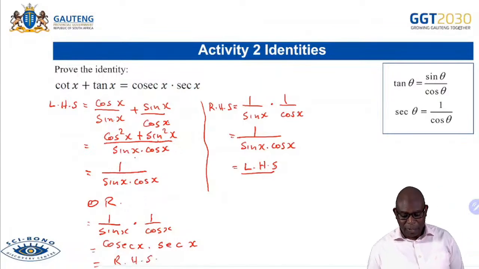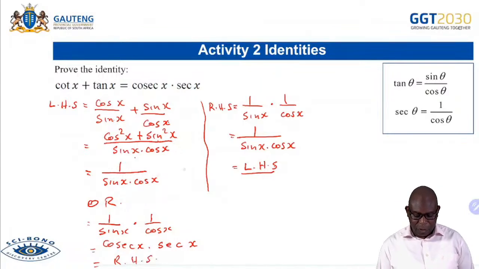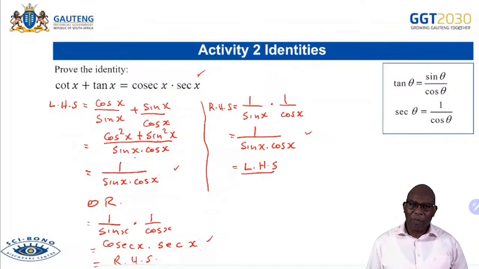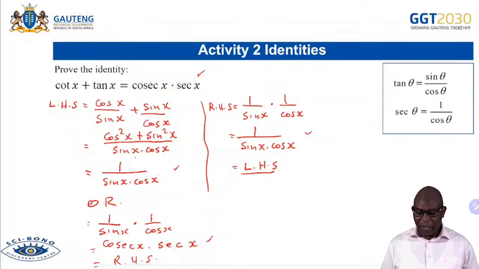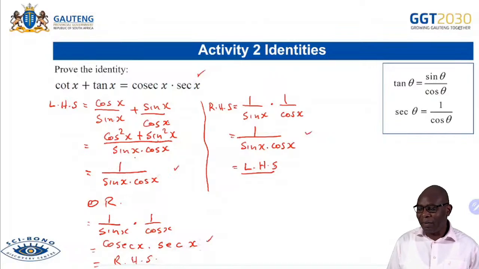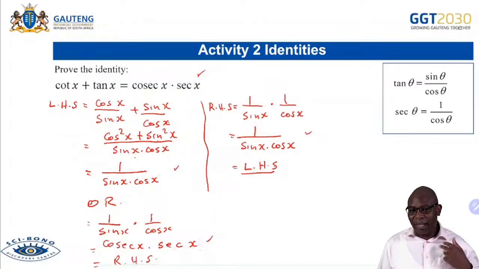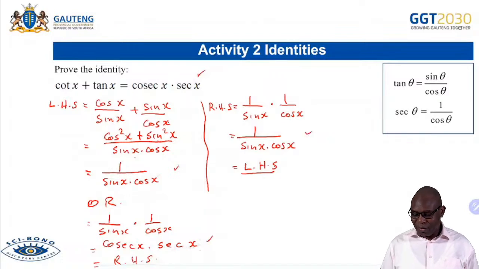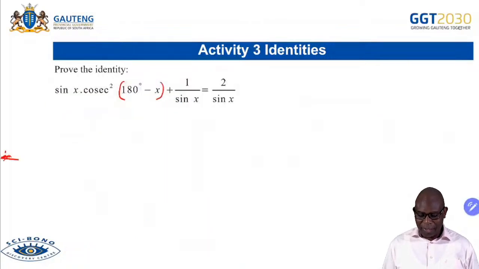So either I can do it this way, check these two, or I can check this one and that one. So identities, you can play around with them. They are quite nice to work with. I love them because as long as you're doing something legal, you will be able to get the left hand side being equal to the right hand side. So you have to do legal things there.